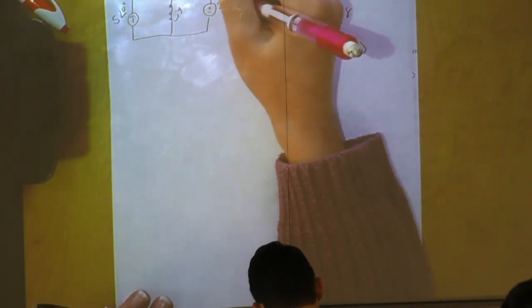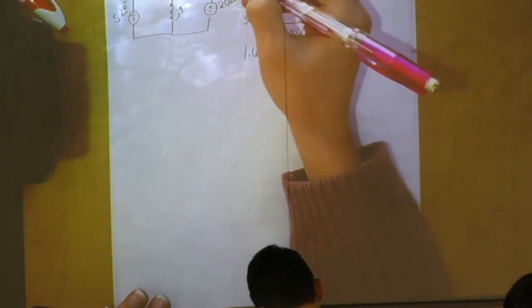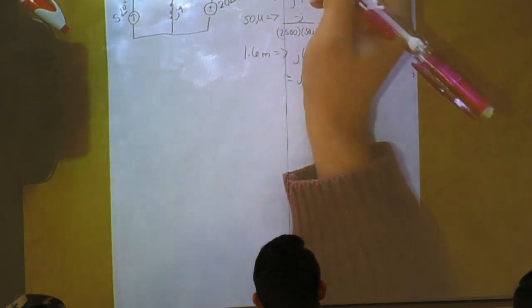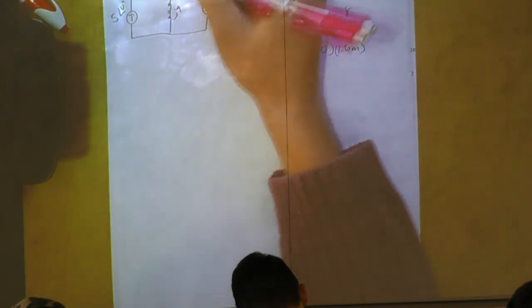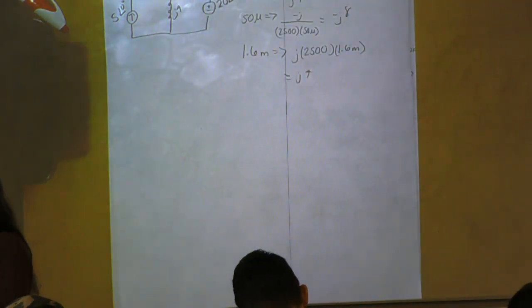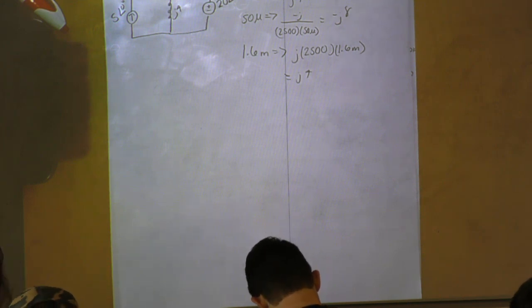Our voltage will just be 20, angle 90, which is, oh wait, 12, I mean 12. Does anyone have a question about transforming it at all? Everyone good with that? All right.